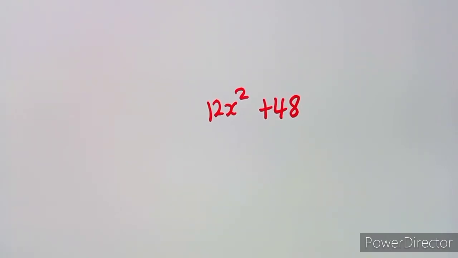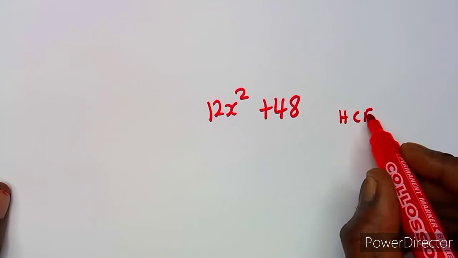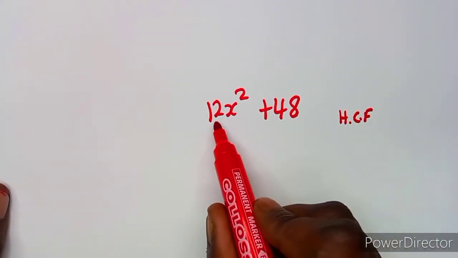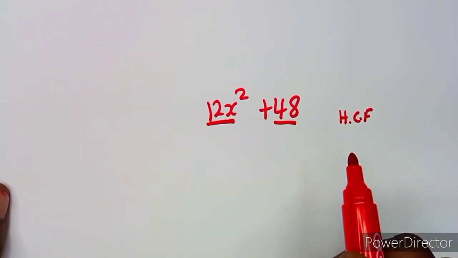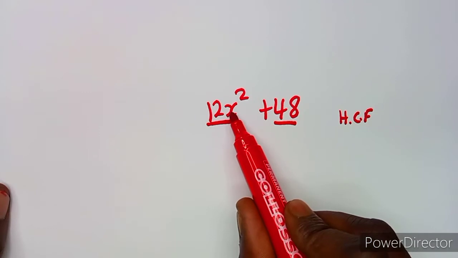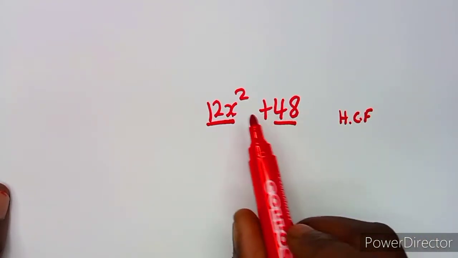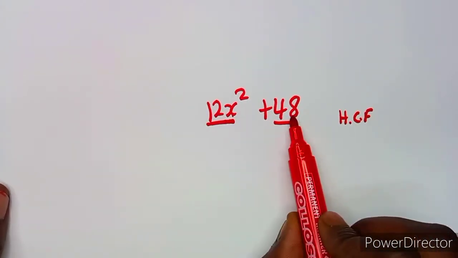These are two terms, so you cross check for the highest common factor, the HCF of the given two terms, because we have got 12x squared and 48. Here we've got x, but we do not have x in the other term, so x is not common. So we have to find something that is common between these two numbers, 12 and 48.